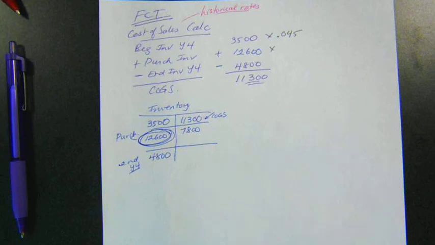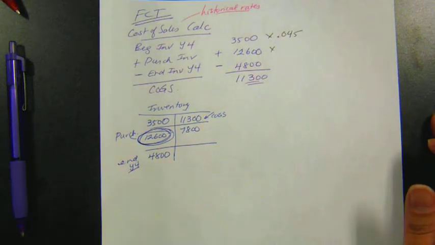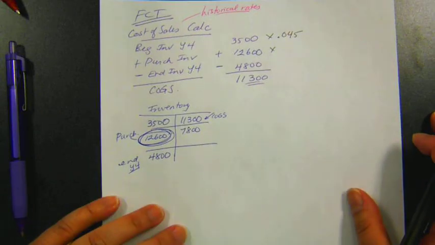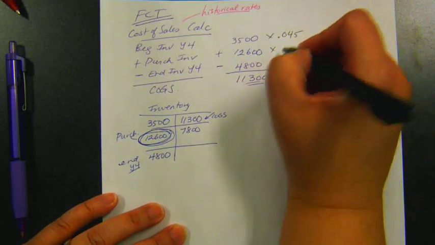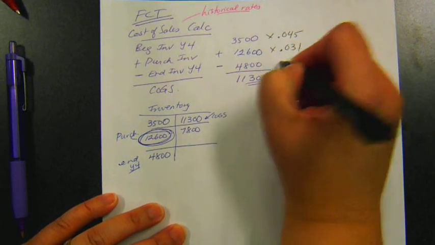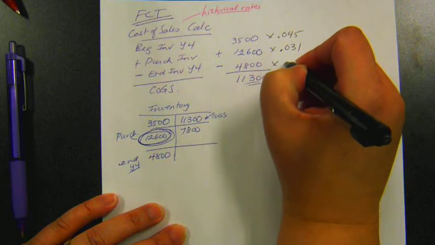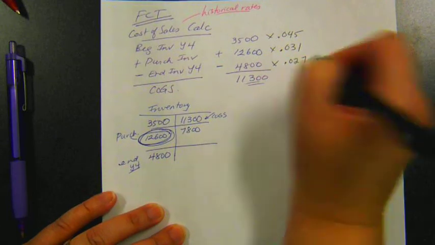You're not going to go back and assess every sale. You're not going to do each one. So that's why we can say average is acceptable. However, if they gave you specific information, then you'd have to do it separately. Okay, so 0.031 because it's an average, and ending inventory 0.027.